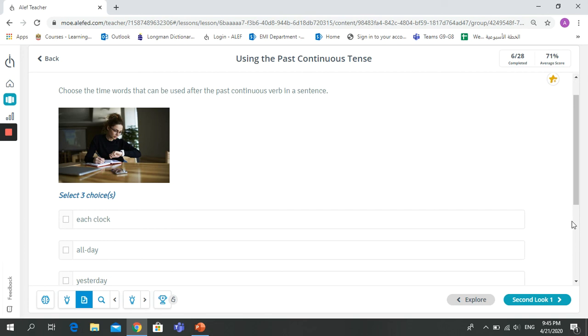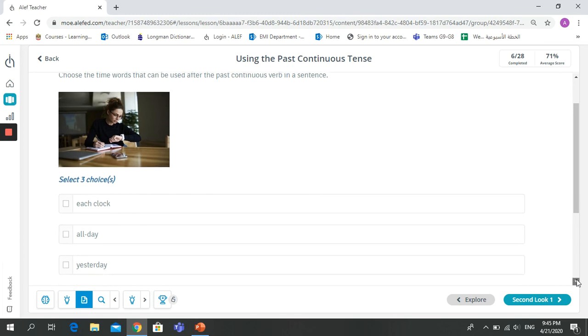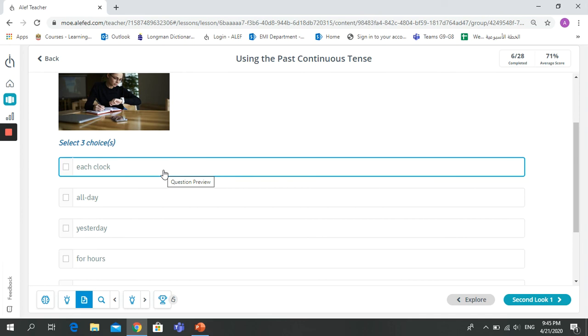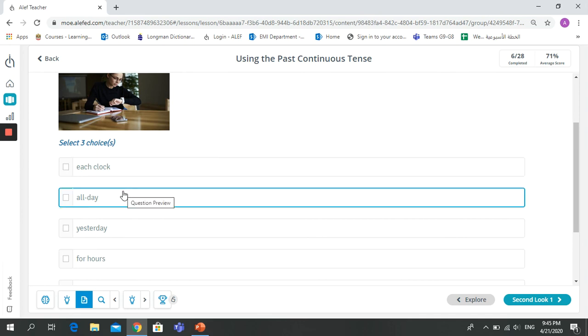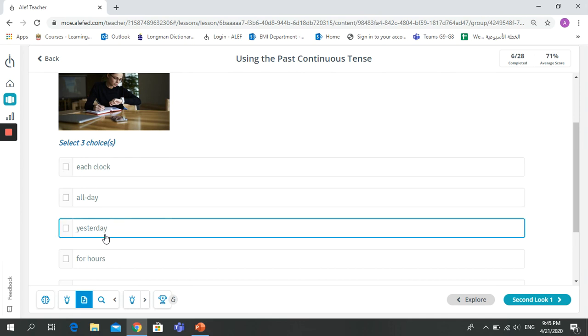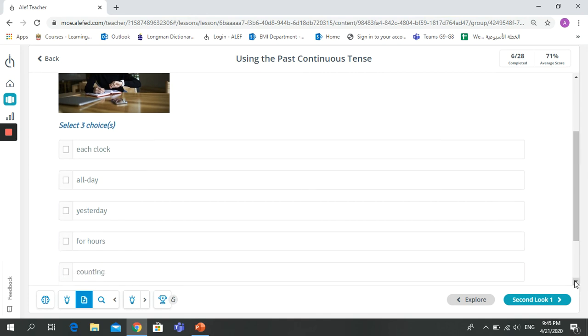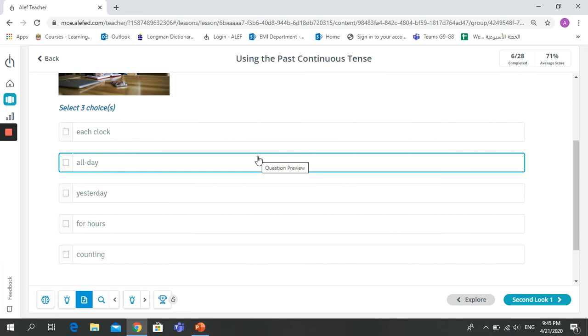Anything that talks about a time or indicates a time is a time word. What are the time words here? Each clock, all day, yesterday, 4 hours. We have to choose 3 choices.